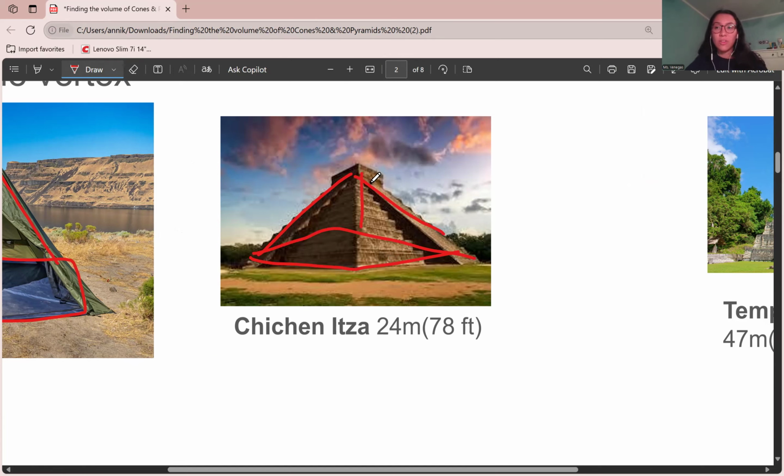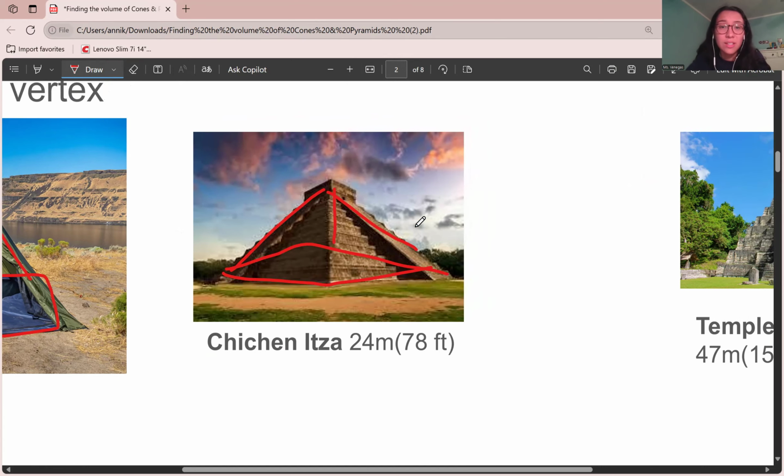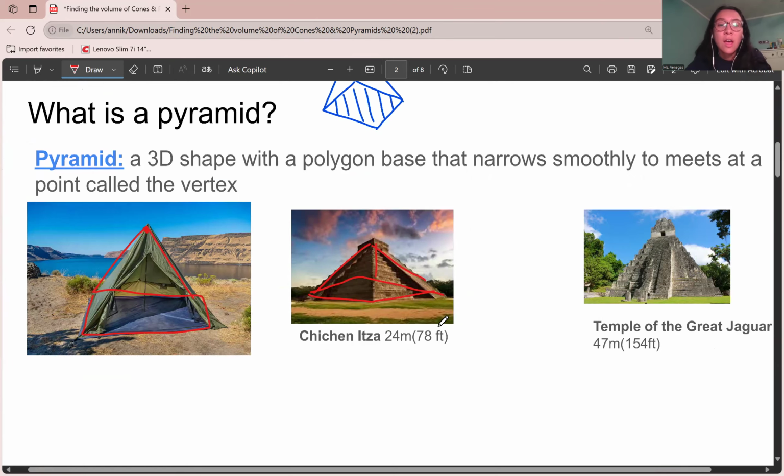Even though the vertex is kind of like another square, it kind of looks like a rectangular prism.